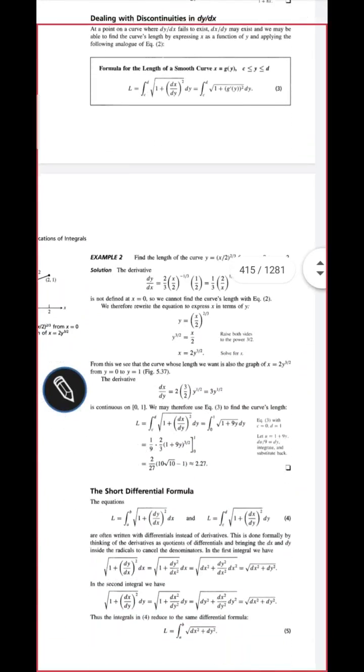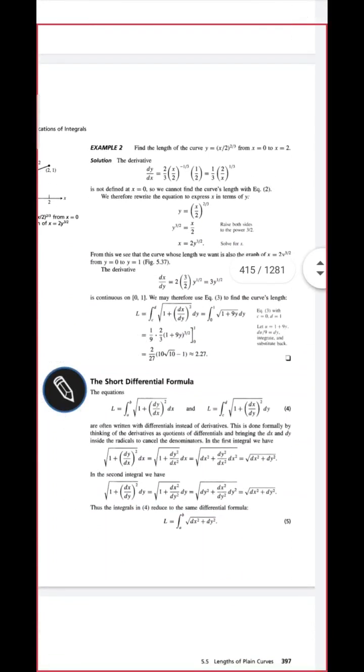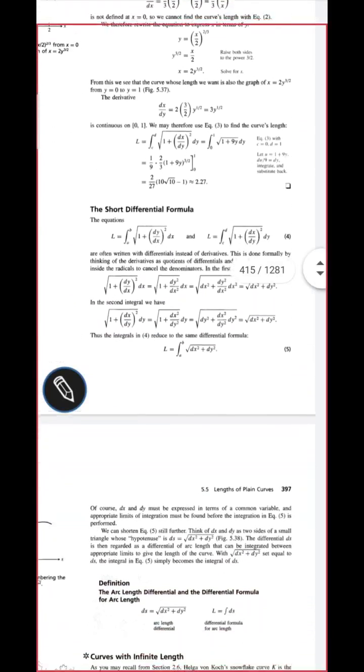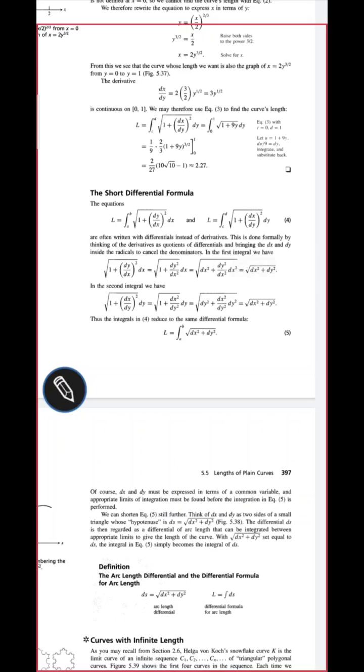I hope they have given that. Yes, here it is. Integration A to B square root of dx square plus dy square. Dx is the partial derivative of x, and here it is the partial derivative of y.